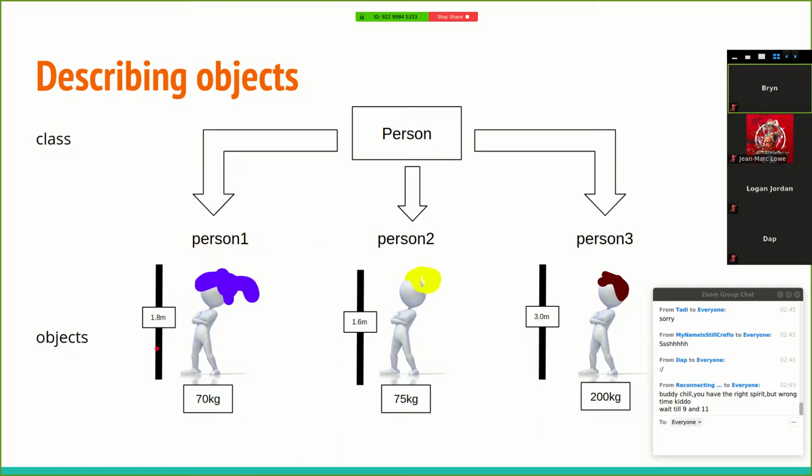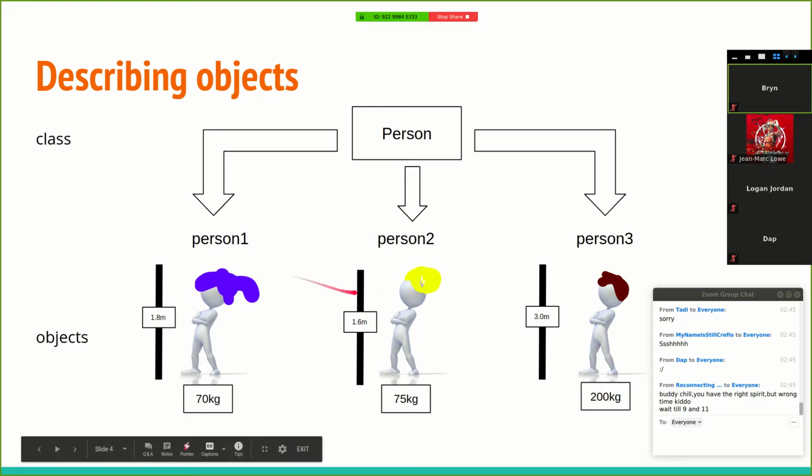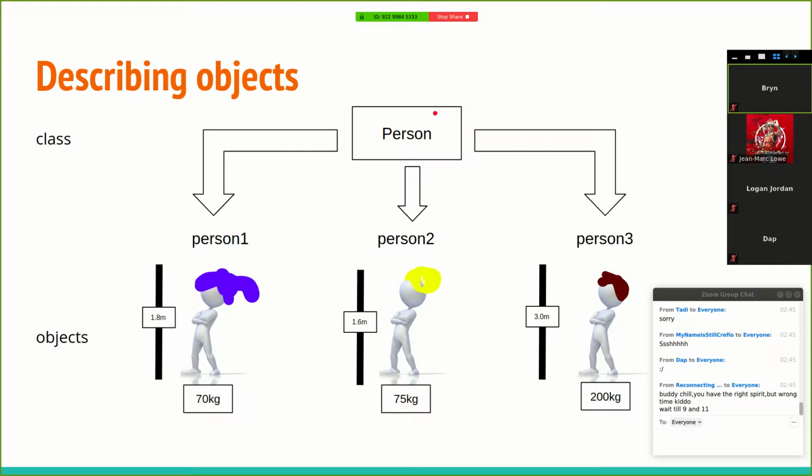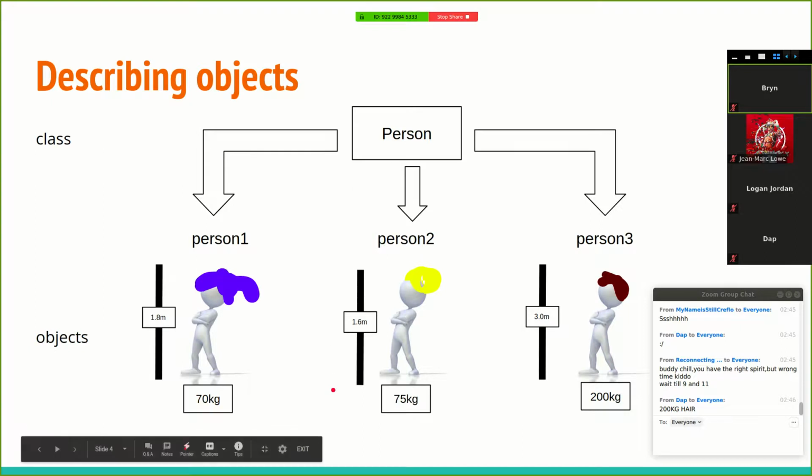Our person class had 3 attributes: hair color, height, and weight, which means all of our objects also had a hair color, a height, and a weight. Today, our rectangle class has 2 properties, just length and width.